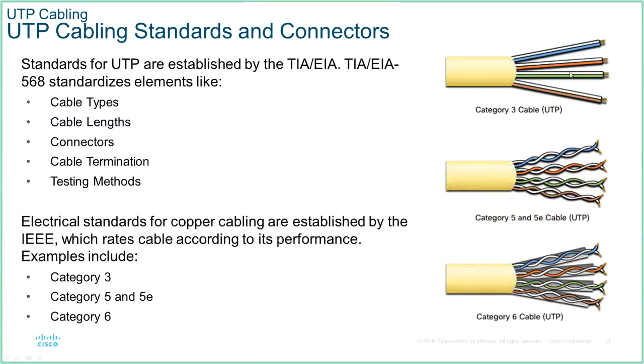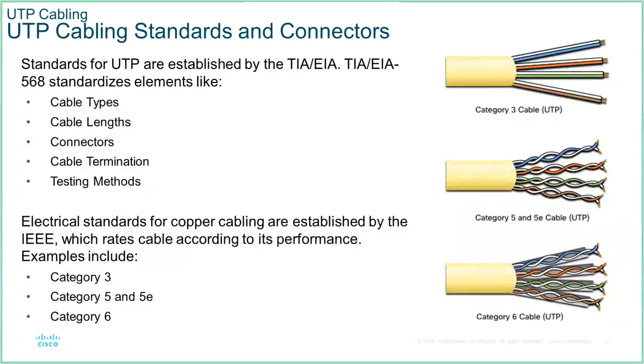So you would end up having crosstalk between the wires. The Cat5 started to twist the pairs, and that eliminated the type of interference that was occurring.